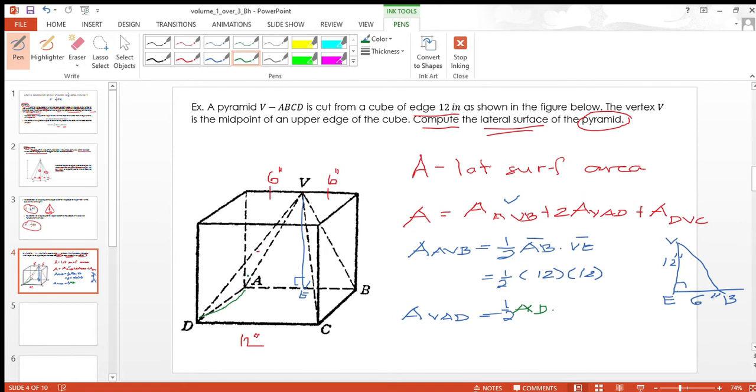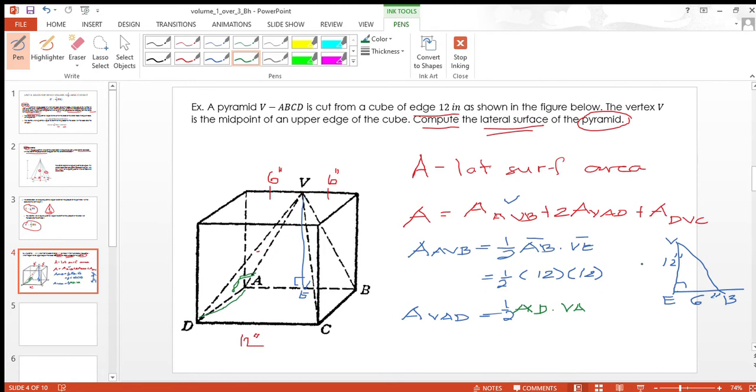If you analyze this, angle VAD must be 90 degrees. You visualize that? It's 90 degrees. So it means our altitude will now be VA. So the area of the triangle is 1/2 base times the height, which is VA.